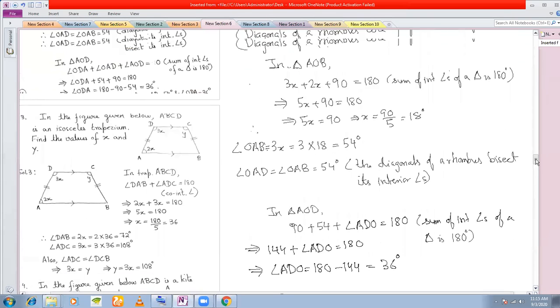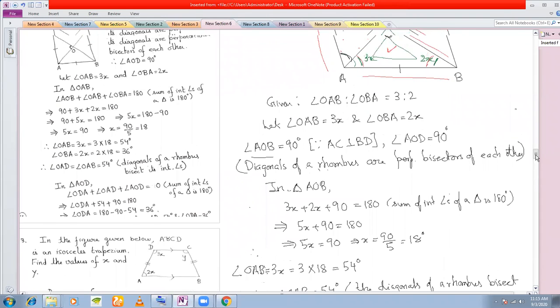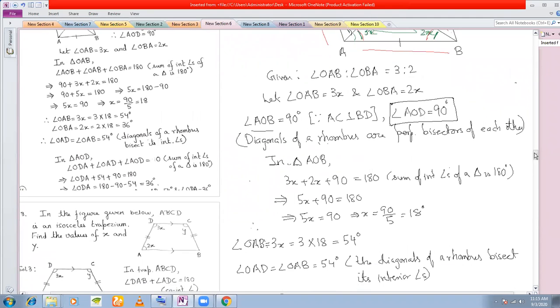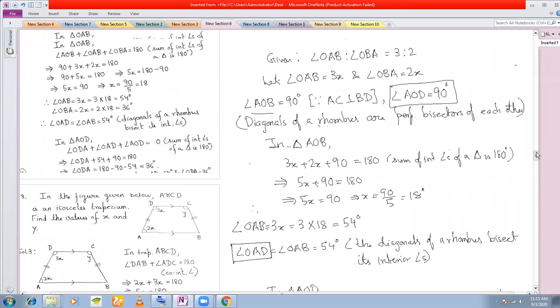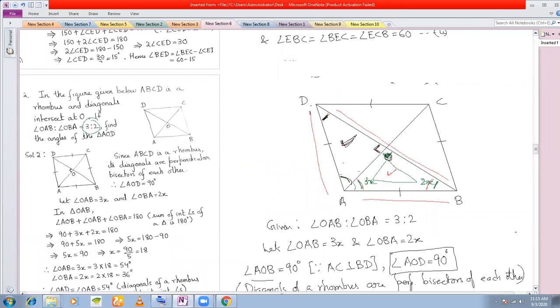So I have found out the three angles of the triangle. What are the three angles of triangle ADO? This is one angle, angle AOD. The other angle was angle OAD, and the third angle we found to be ADO. Now I have considered this triangle. You can consider this red triangle also, triangle ABD, and find out, because you know this entire angle, you know this angle 2x, and you can find out the third angle.